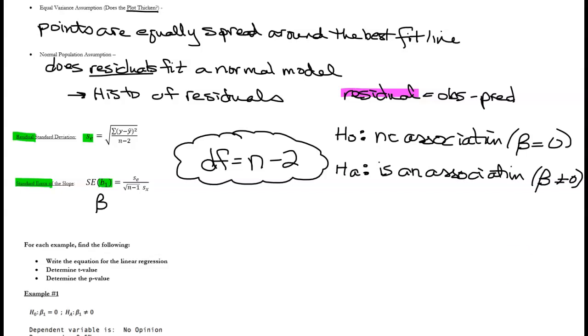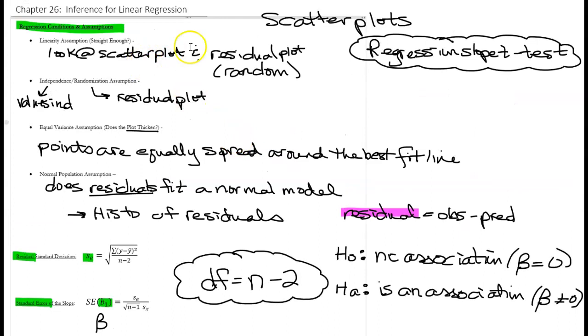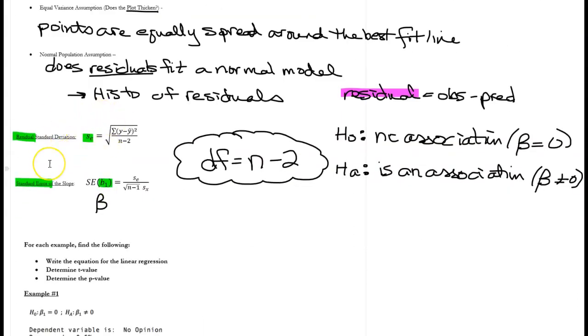Let's recap this real quick. This is when we're looking for regressions. It's called the regression t-test, the slope t-test. We have these different conditions. Is it straight enough, when we look at our residual plot? Are variables independent? Are they equally spread out? And the new one is: do the residuals fit the normal model? Then here are your different formulas. You're not going to ever have to do them by hand.